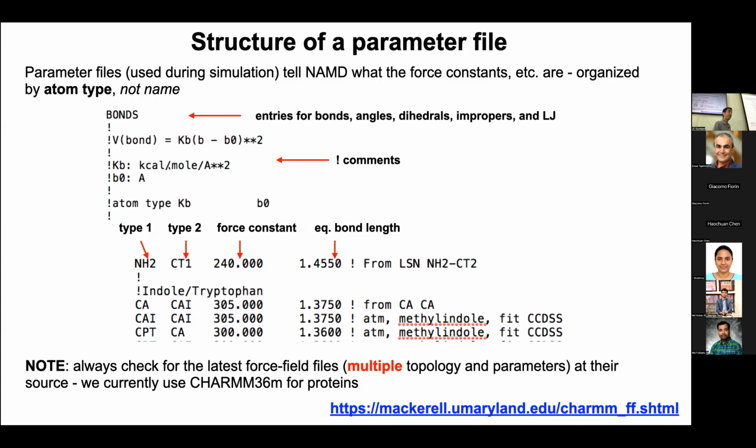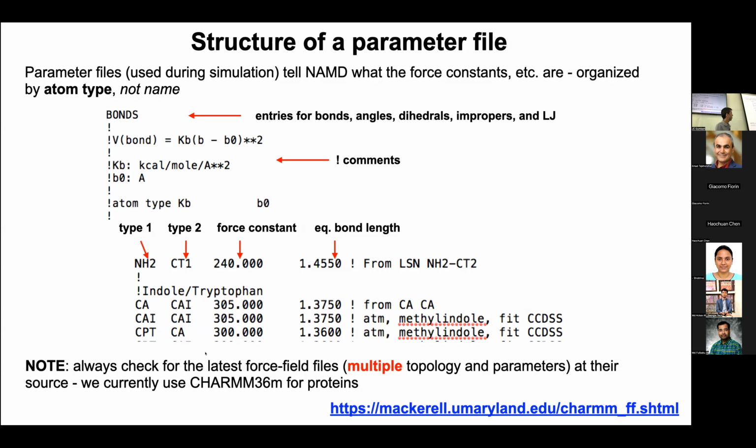So those are subtle distinctions you need to be aware of. Better to just stay with CHARMM and NAMD, you'll be safer. Okay, and then you look at one of the bond records in the parameter file, you see there's type 1, type 2. So those are your two atom types bonded together, the force constant and the equilibrium bond length.